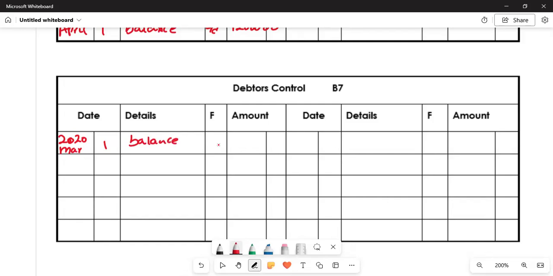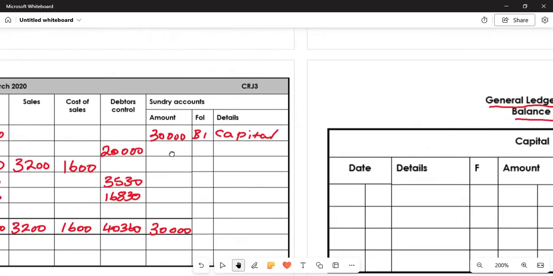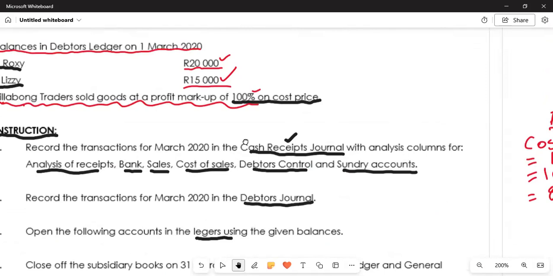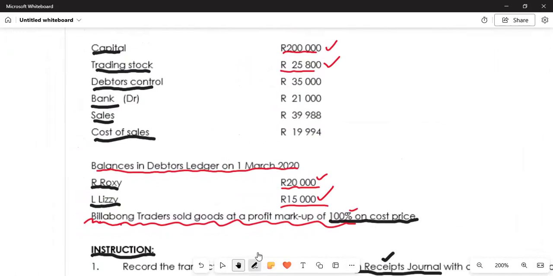So which is balance BD amounting 35,000. Is there only trial balance? Now we can go straight and see where we did get our 35,000. It's very important to go straight and see where we got that 35,000. So here is our 35,000, debtors control balance.